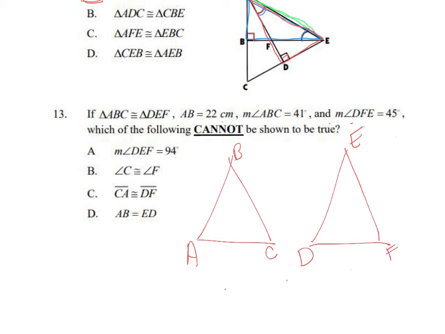And we are also told that this side right here is 22. We would immediately know that over here is 22. That angle ABC is 41, so this is 41, this is 41. And then angle DFE is 45, 45. So that would mean this is 45.